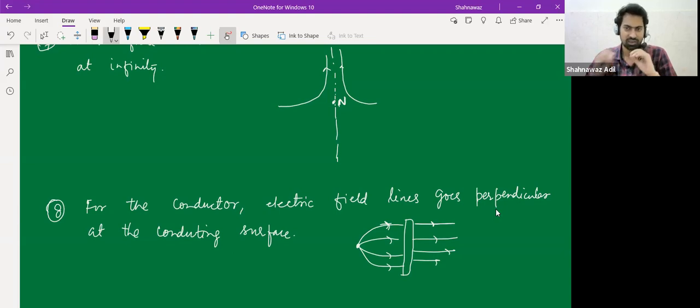These curves were so brilliant that they told us about all the properties associated with the electric field. So this is why these electric field lines, which are a hypothetical concept, are a very important one. Understood, guys? Yes, sir. Yeah, understood.